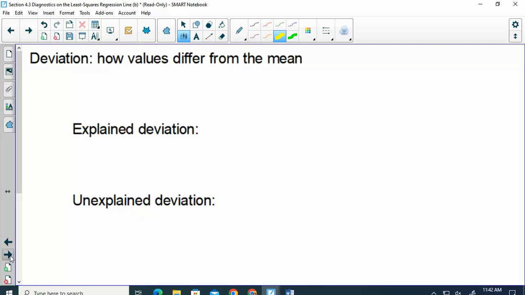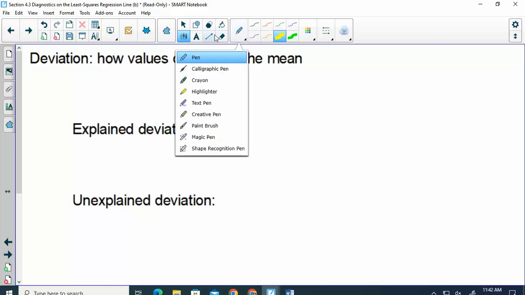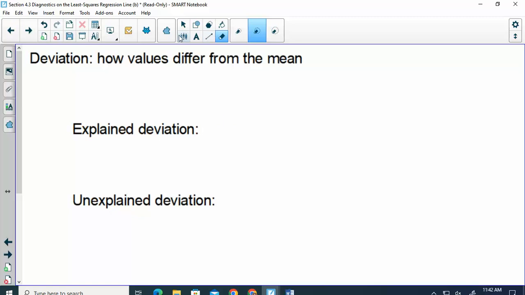With this, we are comparing deviation, or how things differ from the mean. So explained deviation is just the differences that are explained by the line.